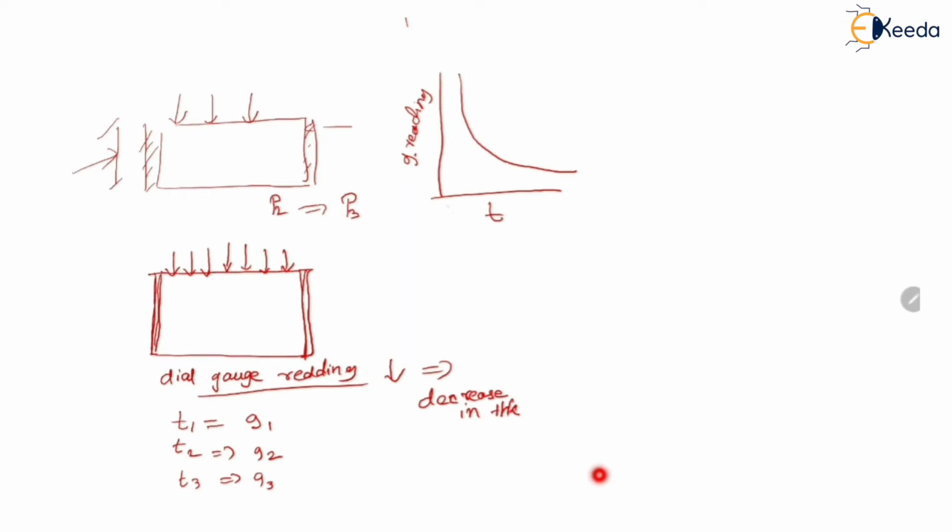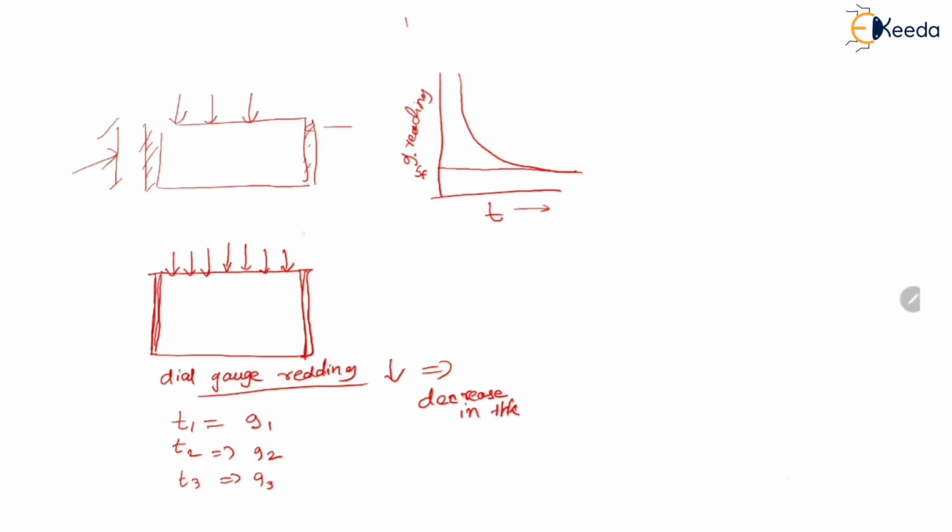That means as the time progresses, thickness of the sample decreases, and at a particular time the thickness of the sample remains constant, meaning the compression of that soil sample stops. So this is the final settlement of that sample, SF.